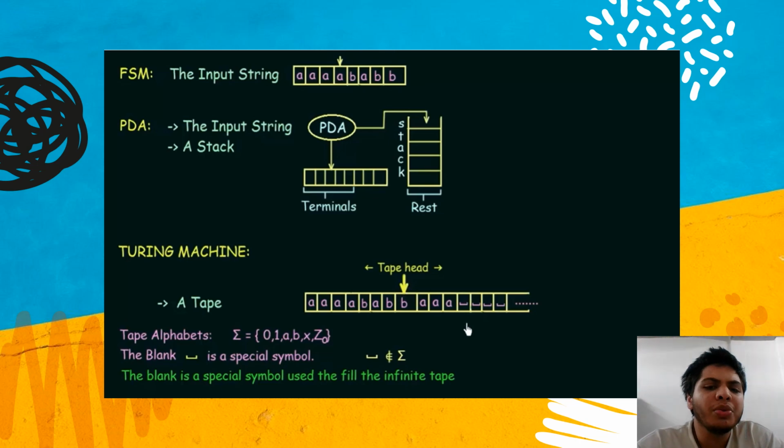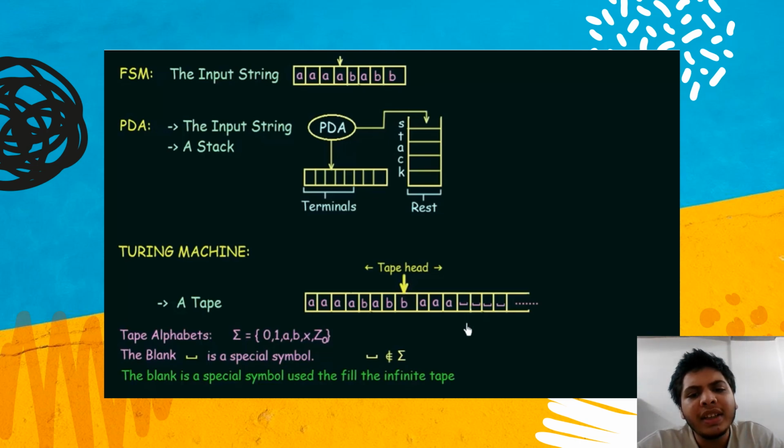Now, coming down to our Turing machine. In a Turing machine, the data structure that we have is something known as a tape. A tape looks like this, shown in the diagram. So we see that the tape is a sequence of infinite symbols, and over here we have something known as a tape head.